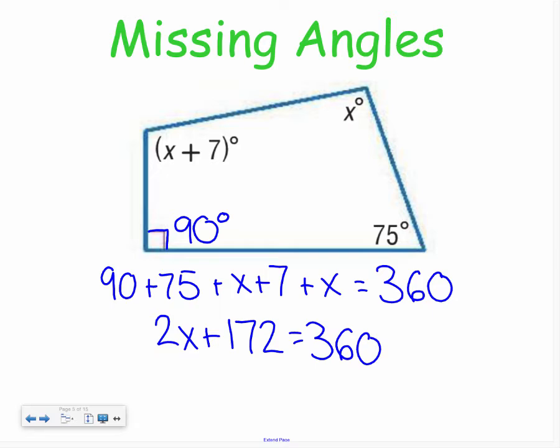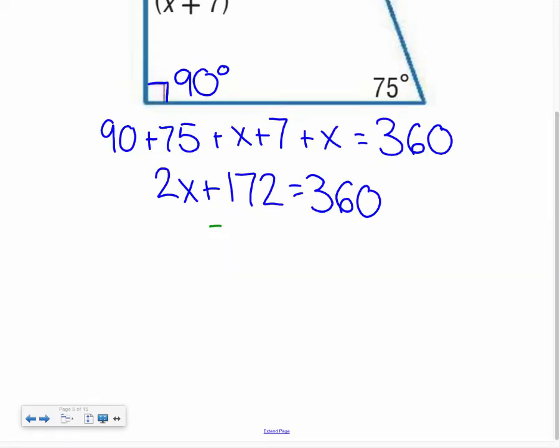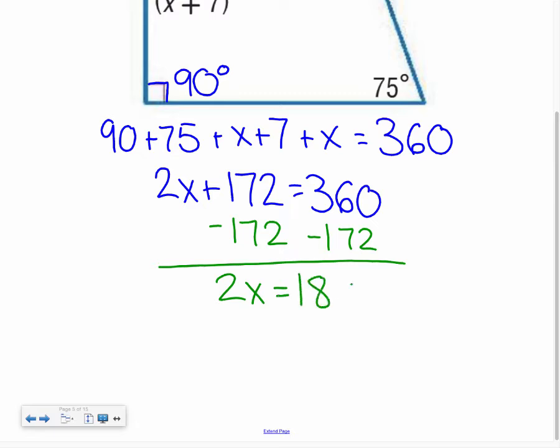Our next step for solving, we subtract 172 from 360, and we get 188. Last step to find x is dividing by 2, and we get 94.